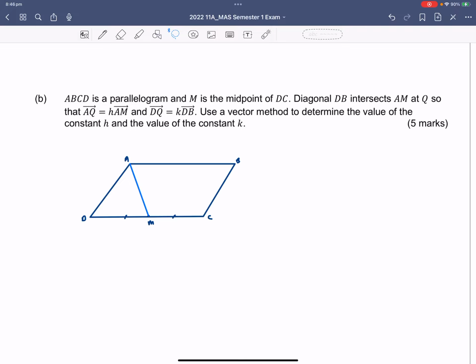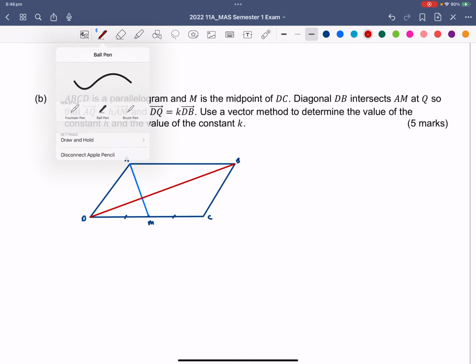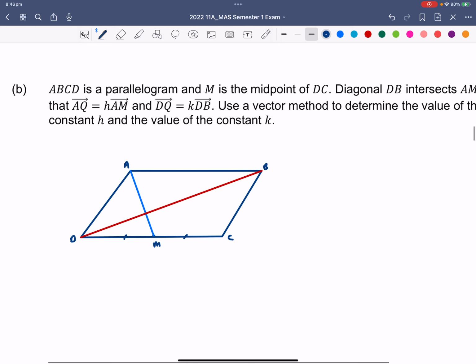Diagonal DB intersects AM at Q. Okay, so AQ is H lots of AM. AQ is a fraction of AM. And DQ is K lots of DB. Yes, DQ is a fraction of DB.